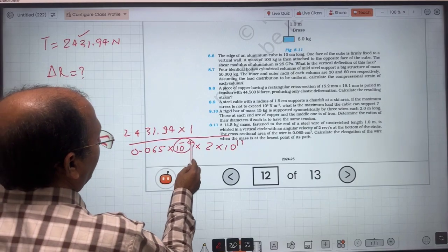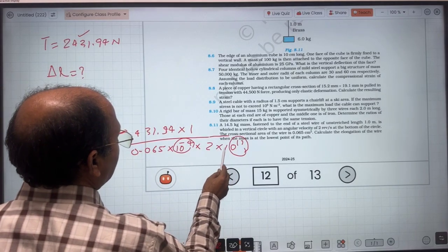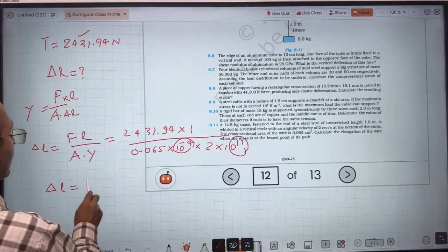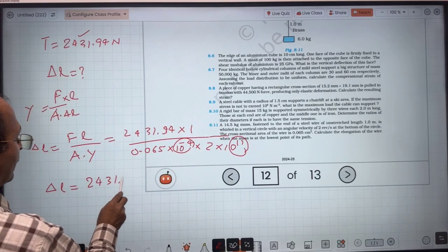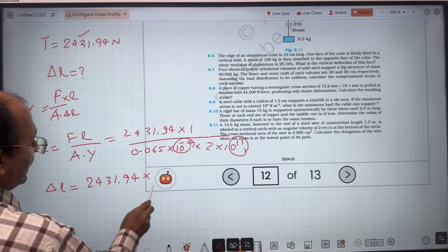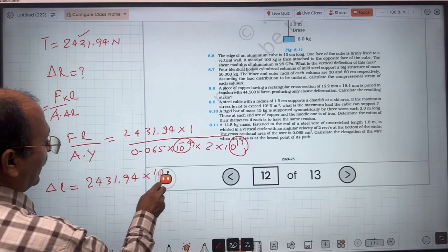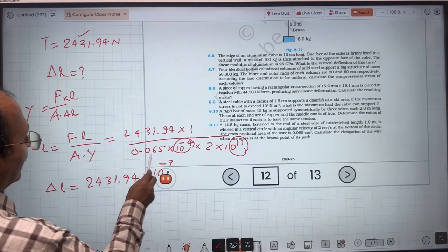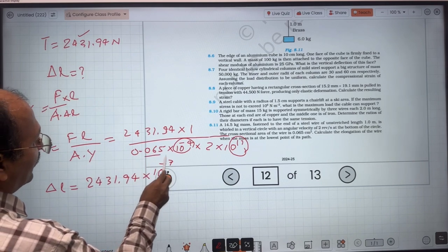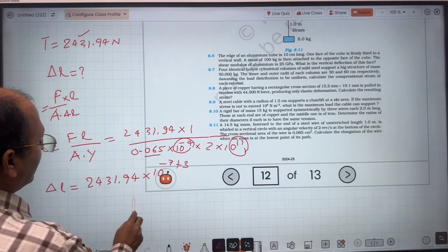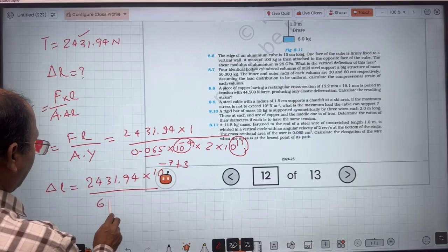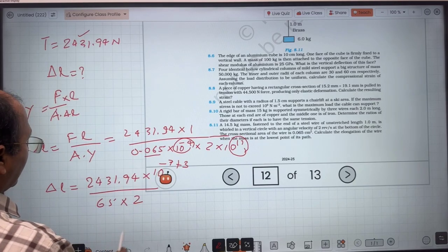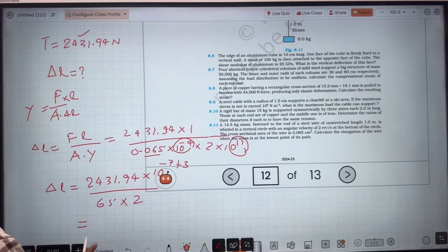Let's see here, this will make this 10 power 7, it will go in the numerator. So 2431.94 multiplied by 10 to the power minus 7, and from here 3 power more positive, so this will become 65 into 2, and then try to simplify.